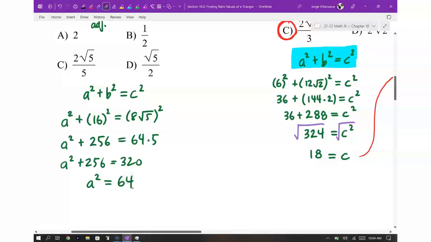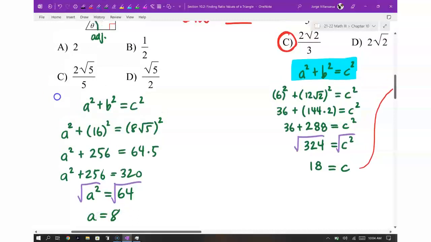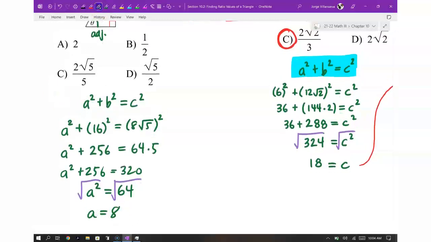If I do a square root of both sides, what's my answer? 8. Okay, so A is 8. Remember, A is going to be my adjacent side. So let me put that up here. I'm going to write it right here. Right next to the word adjacent, or the 3 letters adjacent up here, I put the number 8.